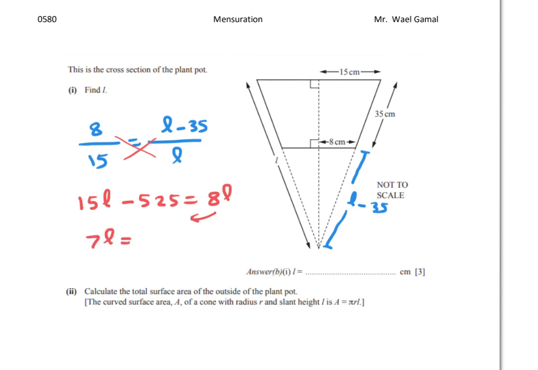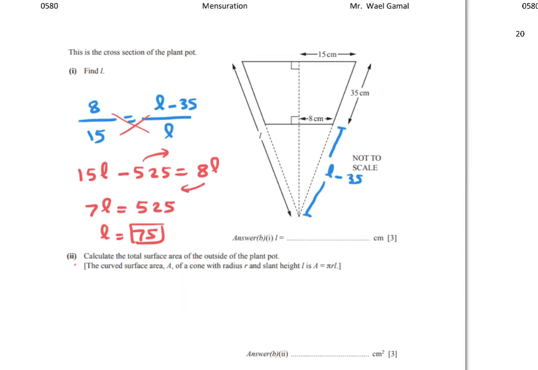So 7L equals 525, transposing the negative 525 to the other side as positive. So L equals 525 divided by 7 equals 75. L equals 75.